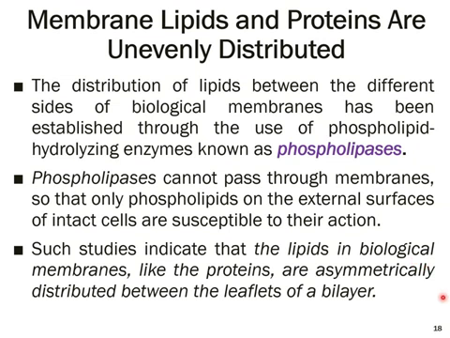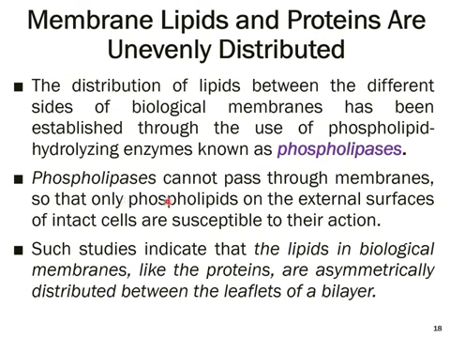The distribution of lipids between the different sides of biological membranes has been established through the use of phospholipid hydrolyzing enzymes known as phospholipases. Through the use of phospholipases, it is established that the phospholipids are present unevenly on the outside and inside of the cells.